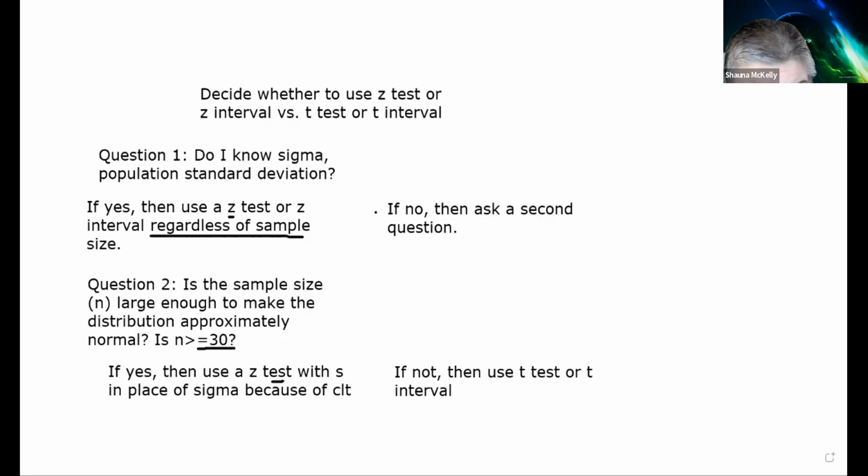But this is the way Blumen works. Basically, you use a T if you get 2 no's. If the answer to both of those questions is no, then you use a t-test.